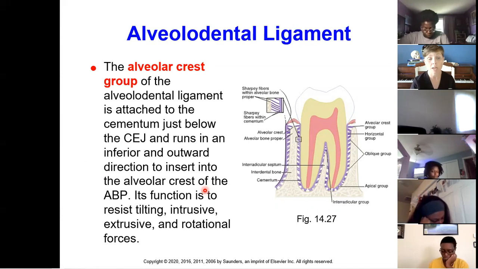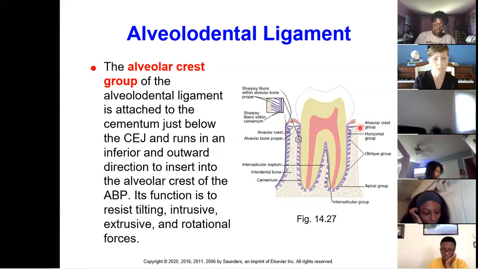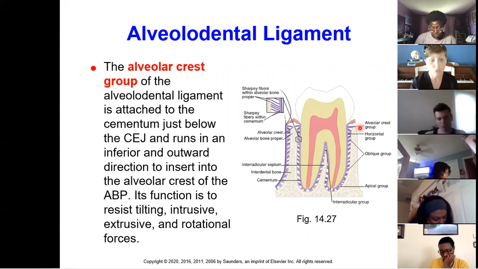These alveolodental ligaments attach to the cementum just below the CEJ and run in an inferior and outward direction to insert into the alveolar crest. You can see it right over here. Its function is to resist tilting, intrusive, extrusive, and rotational forces.